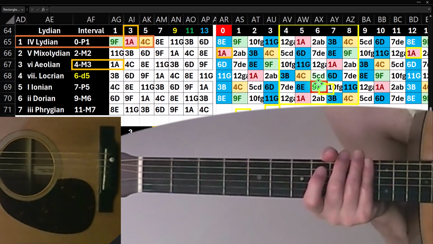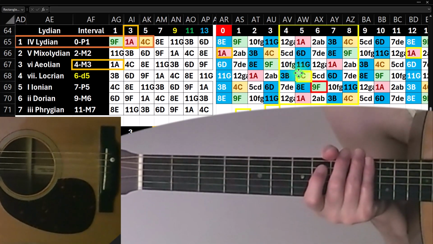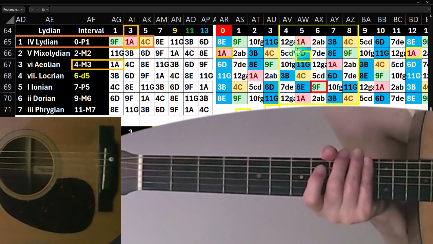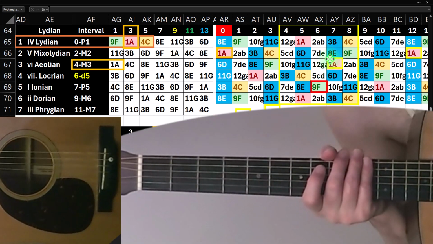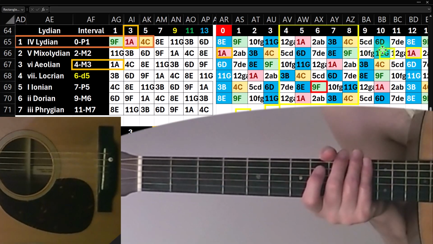Or I can go the other way. This would be -5, 10, 15. 15 minus 12 is 3. -3, -2, -1, -0. Octave. And then we go 12, 0 or 12, 11, 10, 9, 8.